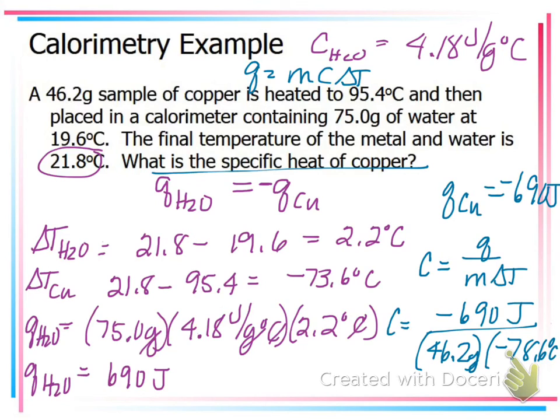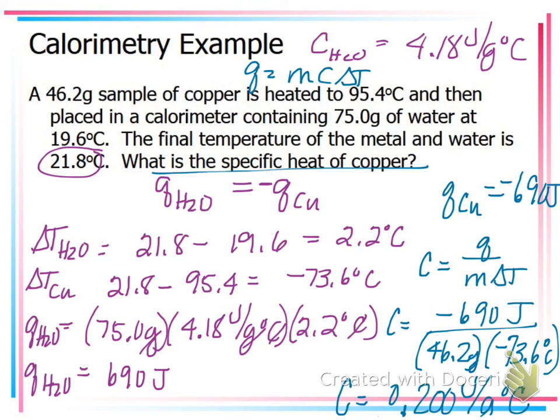Not 78, 73, sorry. So when I do all that math, my negatives cancel each other. Here's a clue. If you ever get a negative value for specific heat, you did it wrong. You can't have a negative value for specific heat. It comes out to 0.200 joules per gram degrees C.